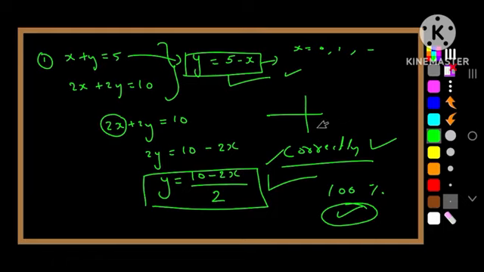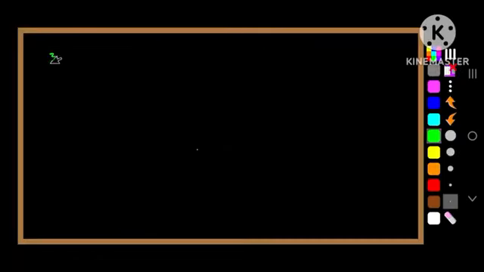So I'll give one more example. So go through that example. The equations are 3 by 2 x plus 5 by 3 y is equal to 7. Similarly, you are having the next equation as 9x minus 10y is equal to 14.